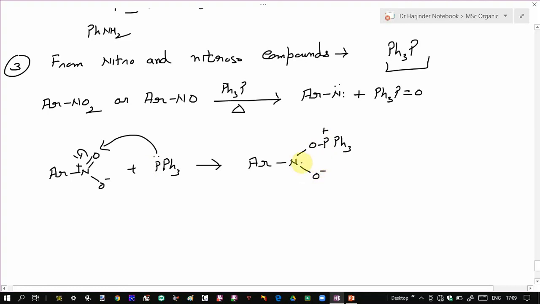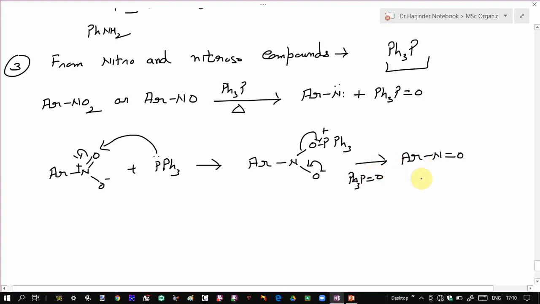Then the molecule is unstable, so this negative charge shifts in between the nitrogen-oxygen bond to give rise to a double bond over here, and this bond breaks. So this gives rise to a nitroso compound, with a double bond to oxygen, with loss of triphenyl phosphine oxide.